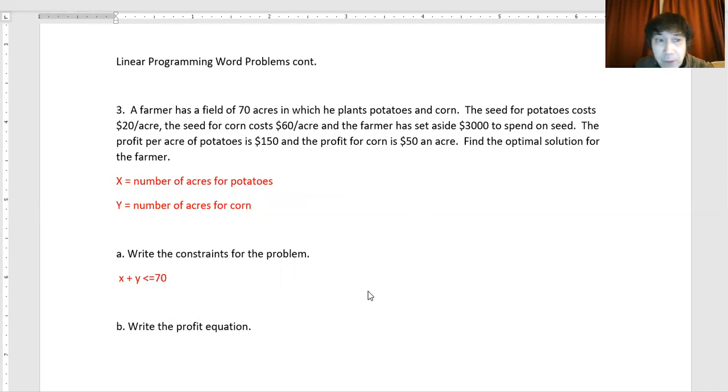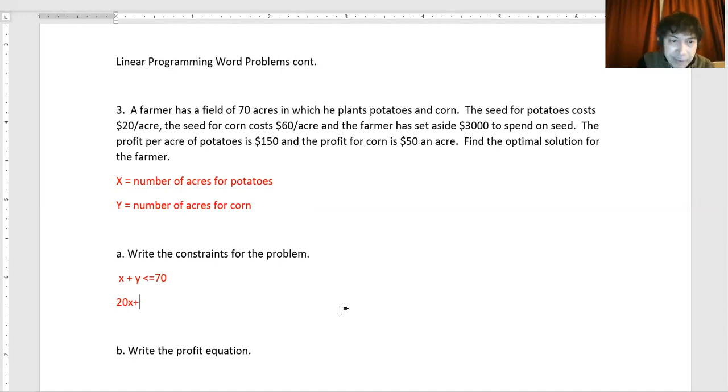The seed for potatoes costs $20 per acre, so we'll be able to make use of this amount. And the farmer has set aside 300 to spend on seed. So we can make use of another constraint. $20 times the number of acres will be some amount, plus that will be for potatoes, and then we have $60 times y acres.